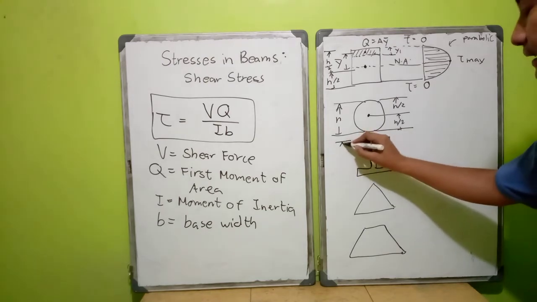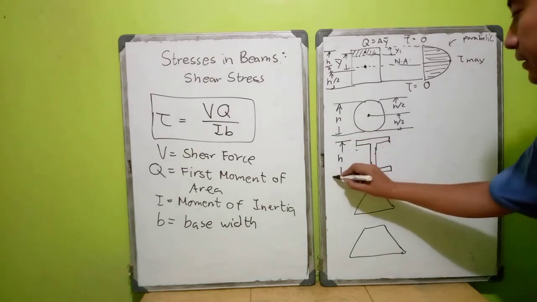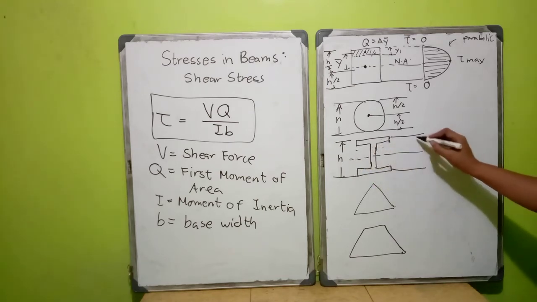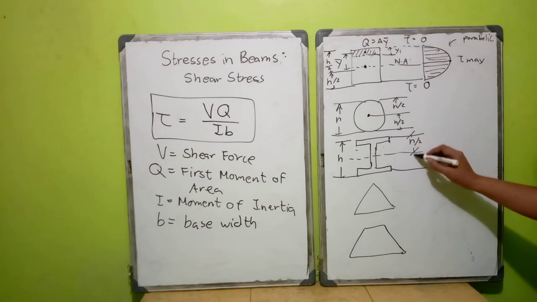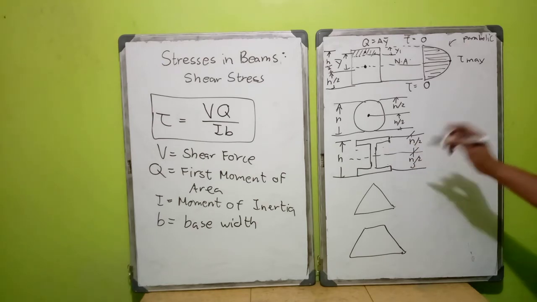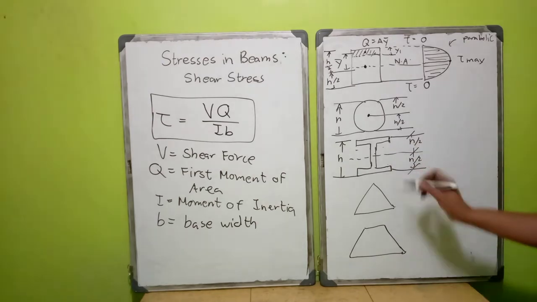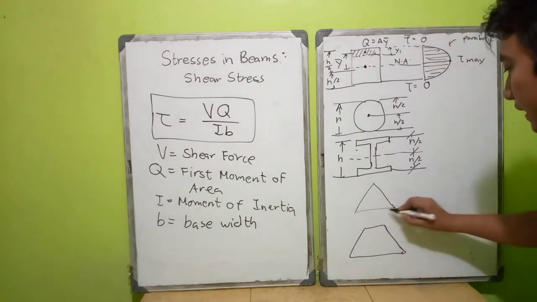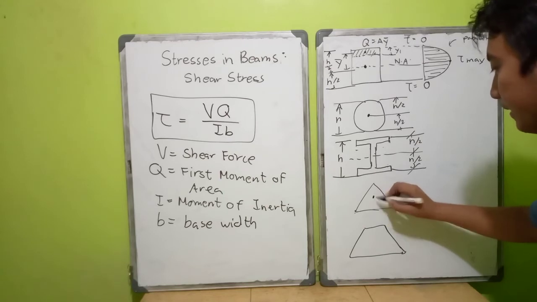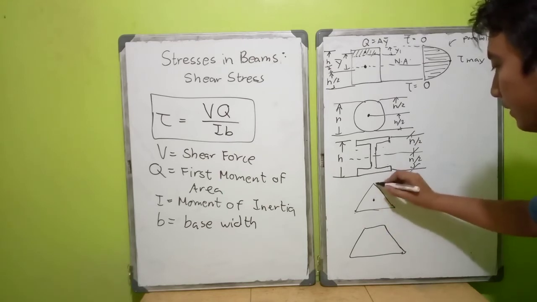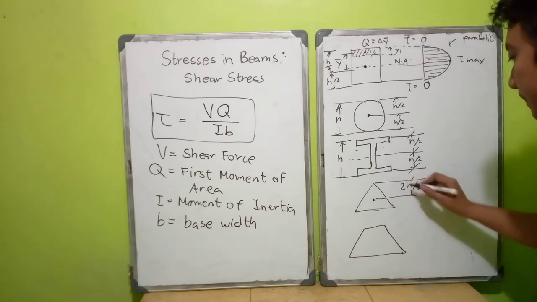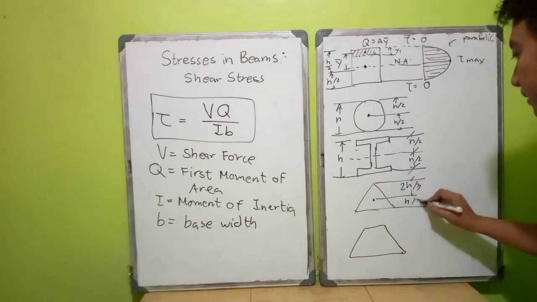If it has a height of h, the location of its neutral axis is also h over 2. But for the case of a triangular cross-section, the location of its neutral axis is 2h/3 from the top and h/3 at the bottom.